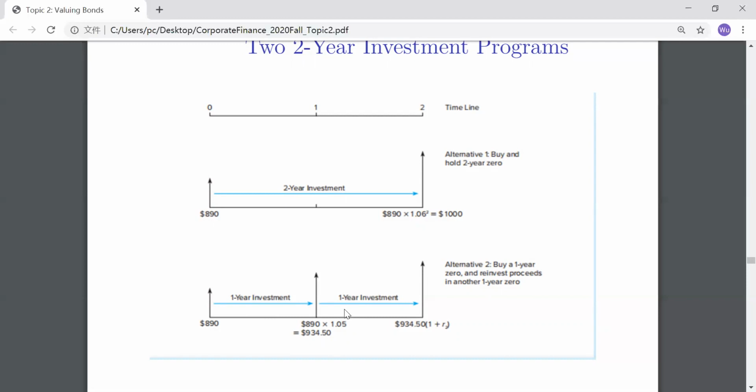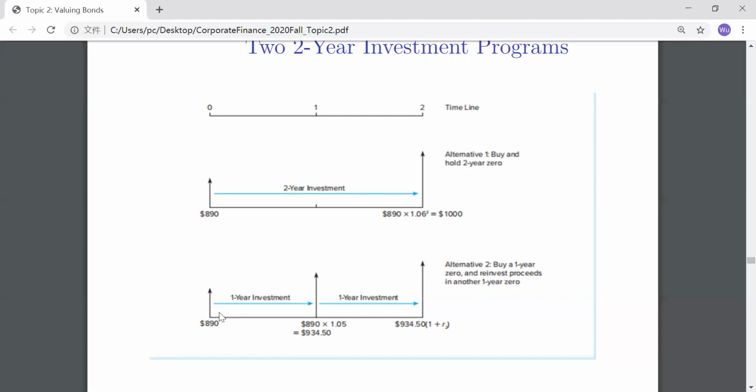But now, how do we calculate the future value of this 890? If we use this rollover strategy, at the end of the first year we get 890 times 1.05, because the first year interest rate is 5%. Therefore, at the end of the first year, we have 934.5.